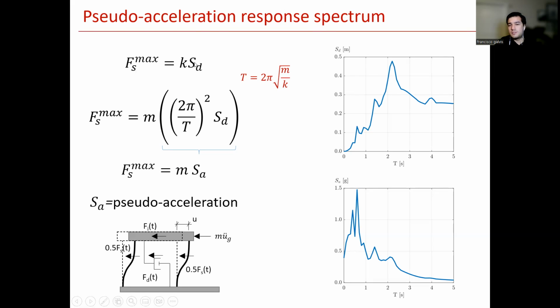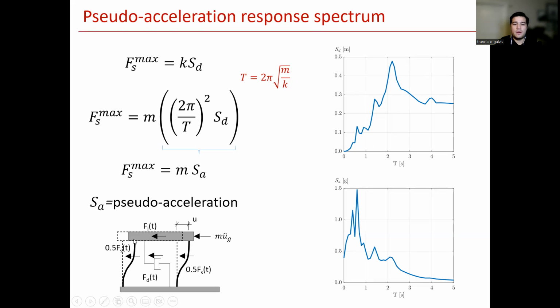That's called SD, spectral displacement. And that will change depending on the period. So if we know the period, we read the SD from the spectrum plot and multiply that by the stiffness, right? And that will give us the maximum value of that FS component, which is the one force that the structure feels.